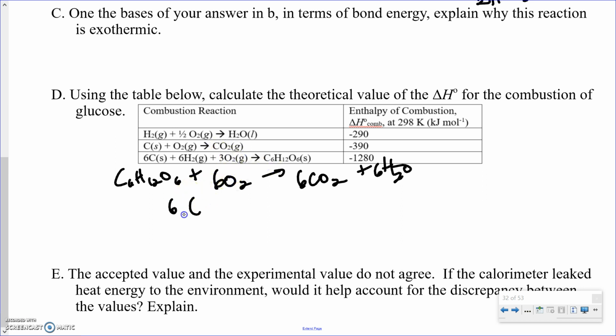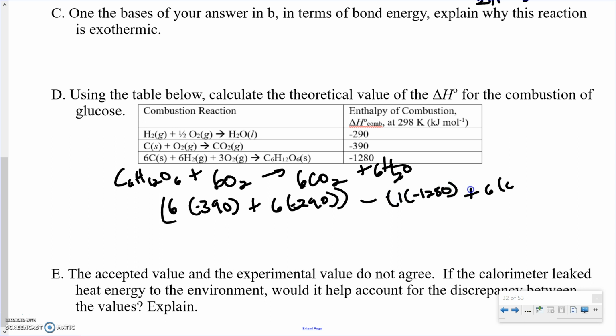So CO2 is negative 390. Negative 390 times 6. Plus water is 6 times negative 290. So that's our products minus our reactants, which is our glucose, which is 1 times negative 1280, plus 6 times oxygen, which is, of course, in its standard state, so 0.